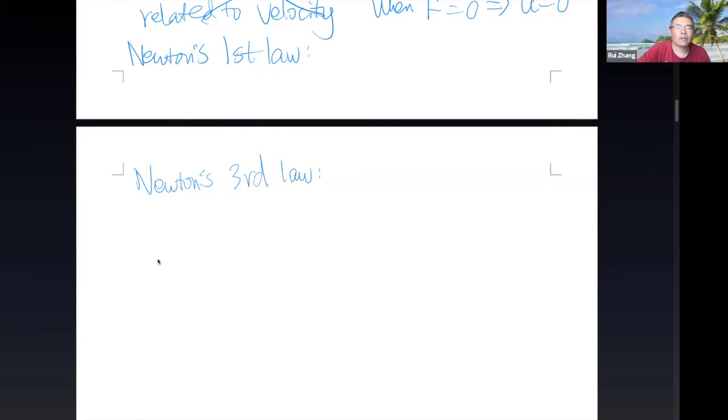This law talks about two objects, not one, but two objects. A simple way to put it is: action equals reaction. So what do we mean by that? Again, let me turn off the whiteboard for a second, and let me demonstrate this on the table.